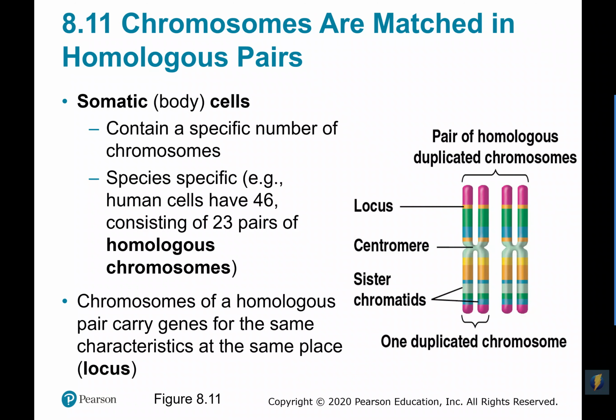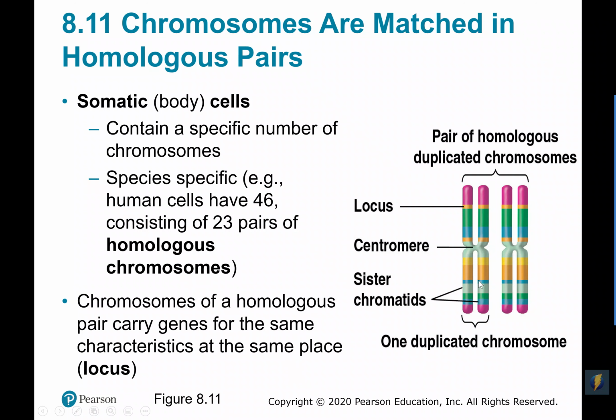Chromosomes of a homologous pair basically carry the gene for the same characteristic at the same place, and we call that a locus on the chromosomes. So you get one set of chromosomes from your mom, one set of chromosomes from your dad. Those are homologous chromosomes. So you can see here we have our sister chromatids, right?